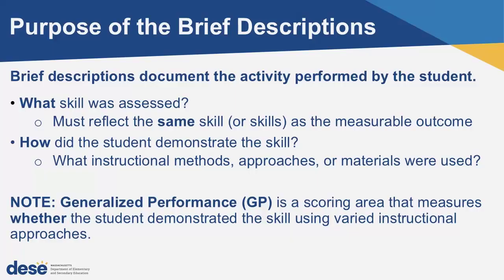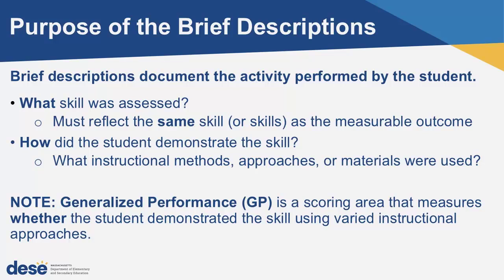So brief descriptions you will find on a data chart. And what these are is a way for you to tell us what's happening in your classroom. Since we are only asking for 2 pieces of evidence, we want to know on those other dates what is happening in your class. And so in order to understand what you're doing, we're asking you to tell us what the skill was that's assessed.